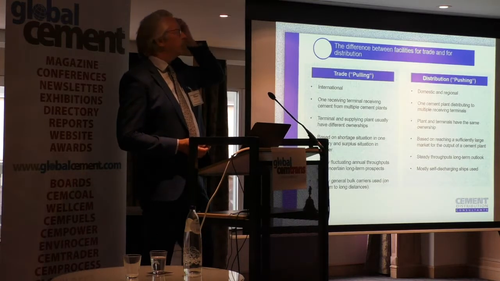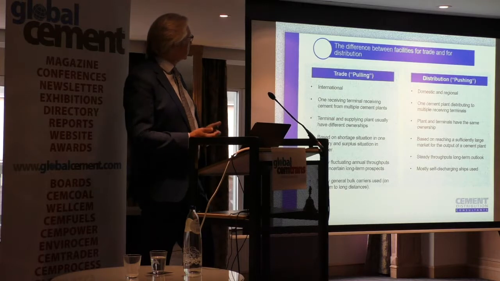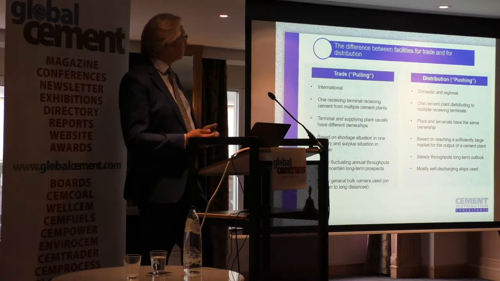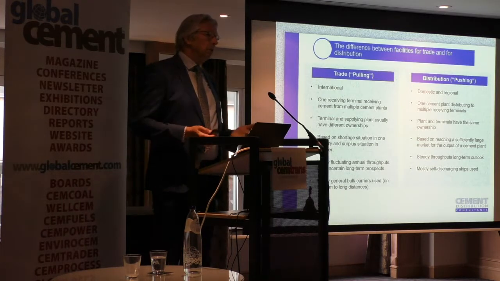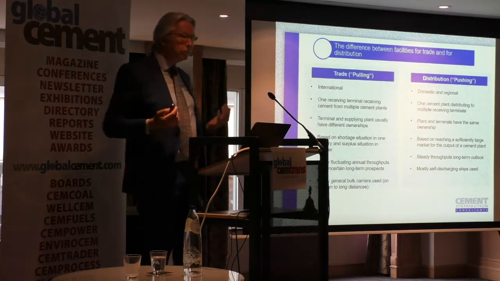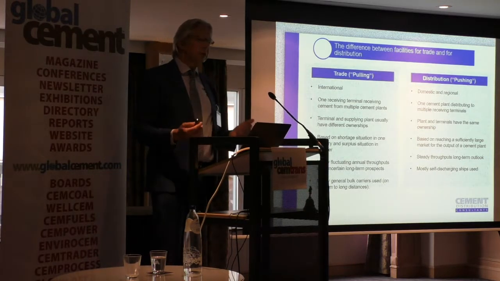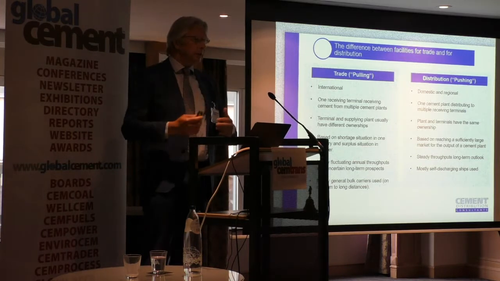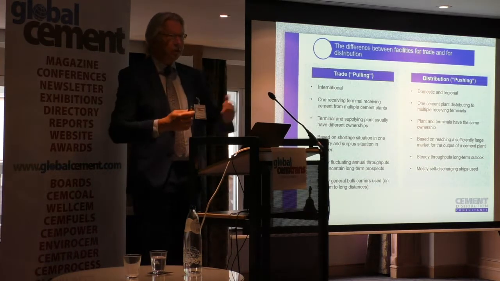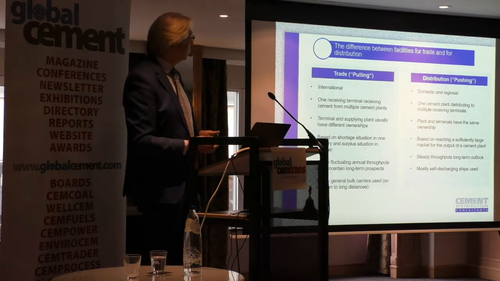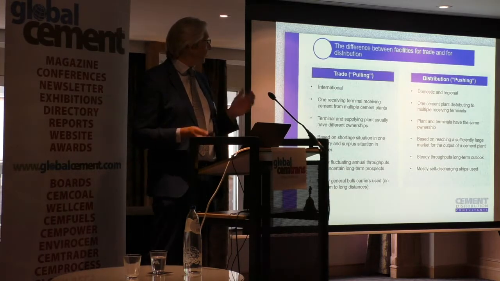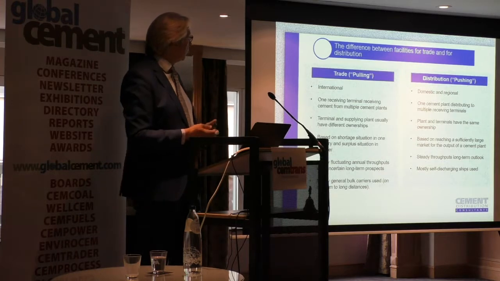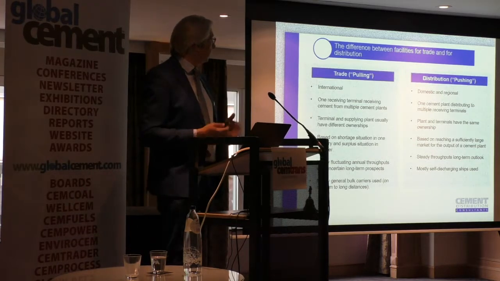There's quite a difference between facilities for trade and facilities for distribution. In trade, the initiative is mostly on the receiving side, so it's a sort of pulling system. Distribution is basically a cement plant moving cement or clinker towards its own facilities. Therefore, distribution is far more domestic and regional oriented.